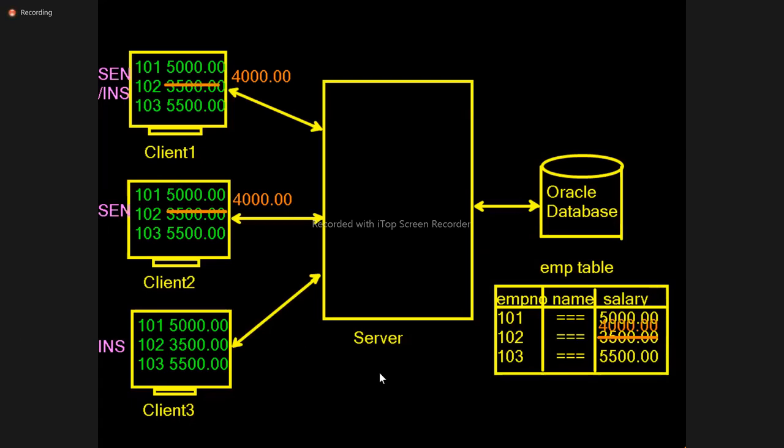Suppose one more example: the income tax assessment year, April 1st to March 31st. Those who are going to pay tax, to save the tax, will do transactions up to 31st midnight, 12 o'clock also. They do transactions in the bank because now internet banking, online banking, and ATM banking are there.